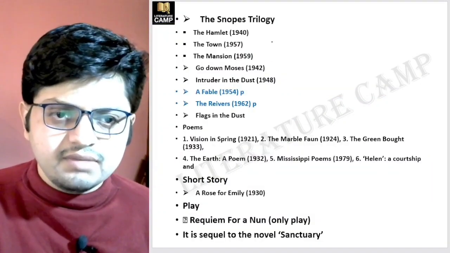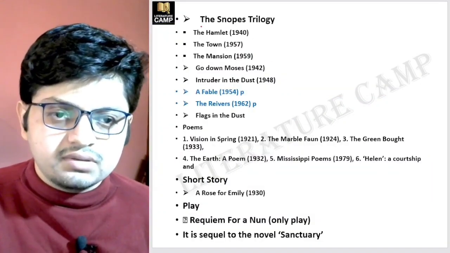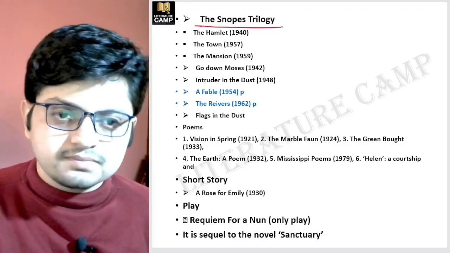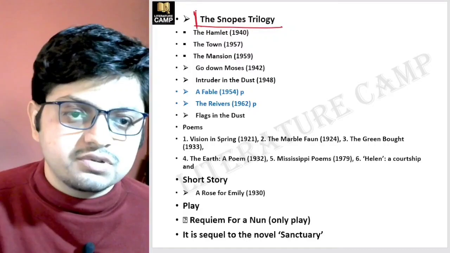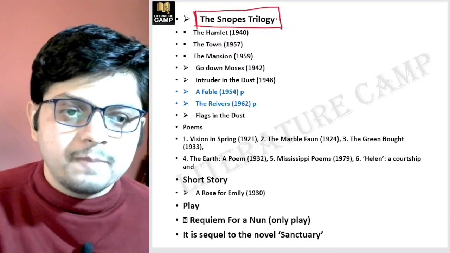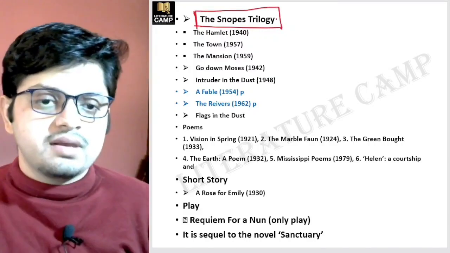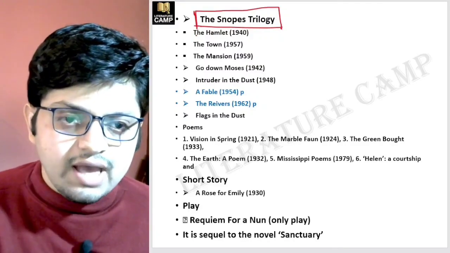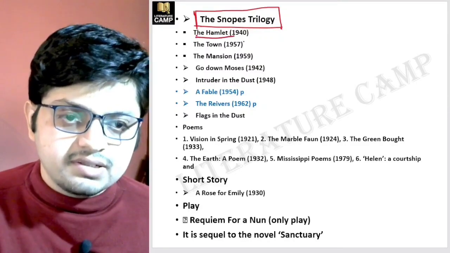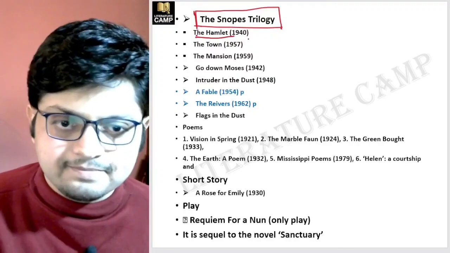Next work, very important, the Snopes trilogy of William Faulkner. Number one novel in the trilogy is The Hamlet, published in 1940.